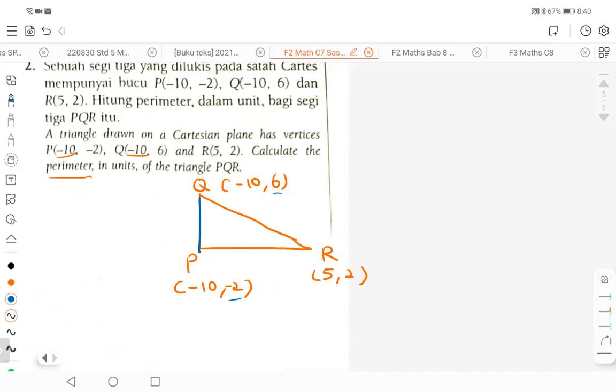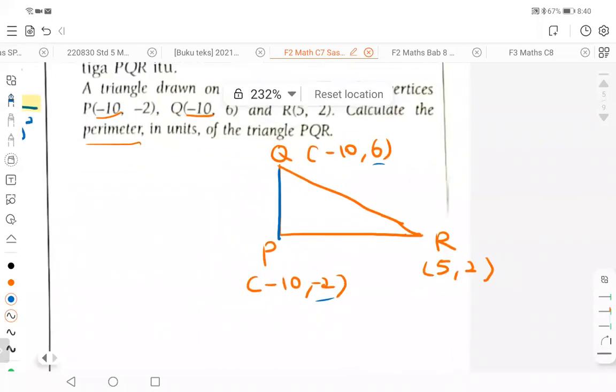It's not 4. 6 minus -2. So you got to total up 6 plus 2. 8, yes.